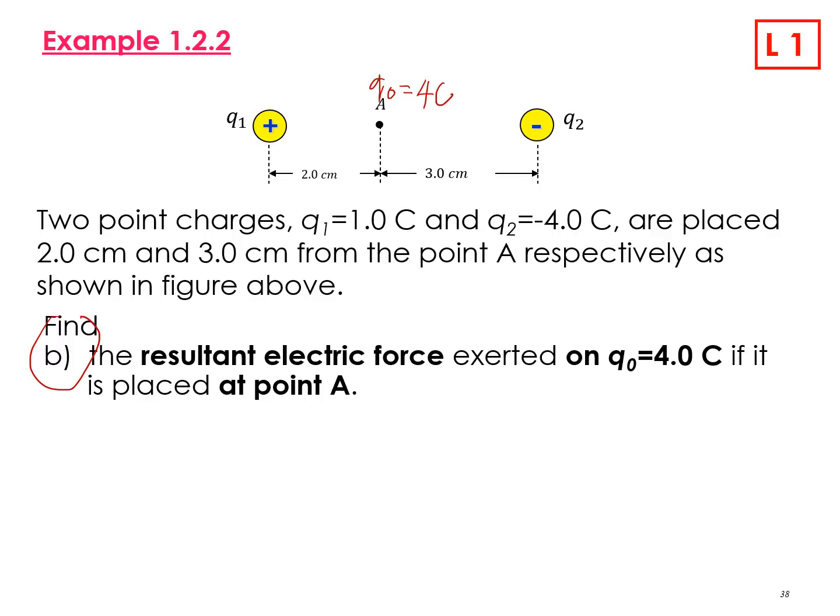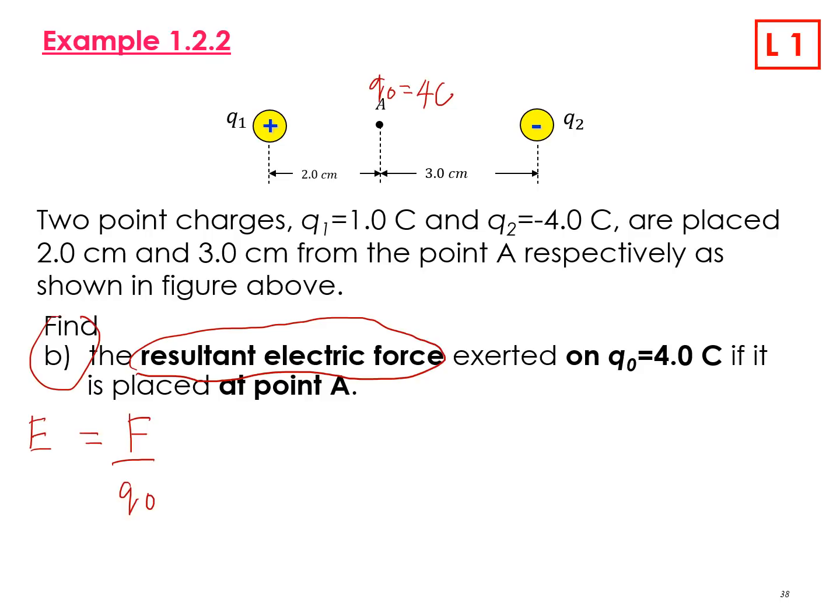They ask you to find the resultant electric force. So you have this formula E equal to F over Q naught, where Q naught here is the value of 4 Coulomb.